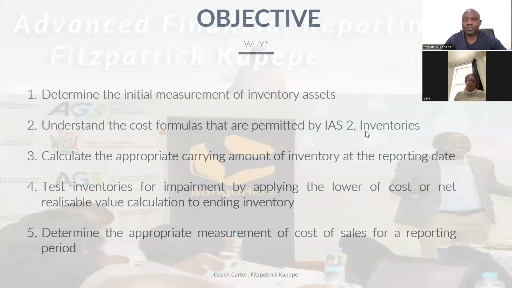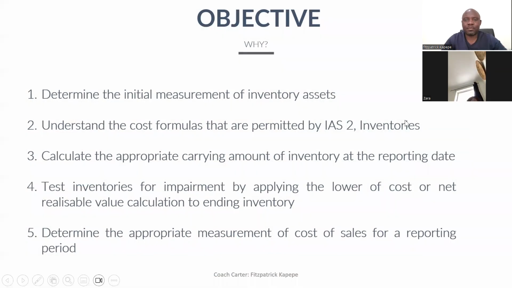So, events after the reporting period. Oh, okay. So we are looking at IAS 2, which is inventory. First, maybe we need to look at the objectives.